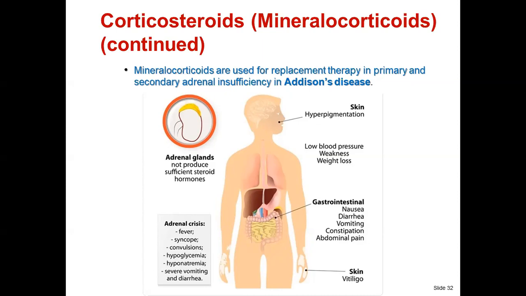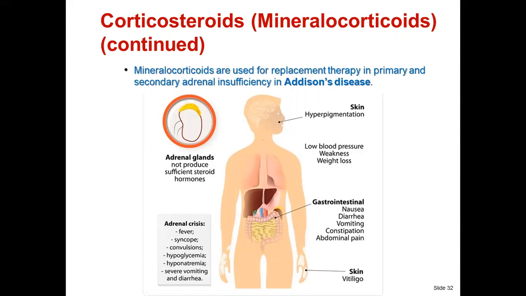Aldosterone or mineralocorticoid helps to regulate blood pressure by water and electrolyte balance, and also the progesterone or testosterone help to develop and maintain the male secondary sex characteristics, also the estrogen which contributes to the development and maintenance of female secondary sex characteristics.